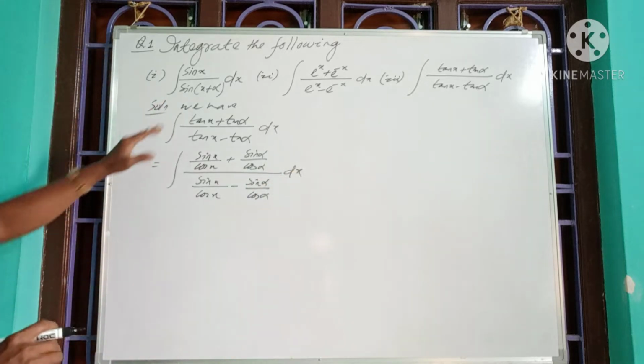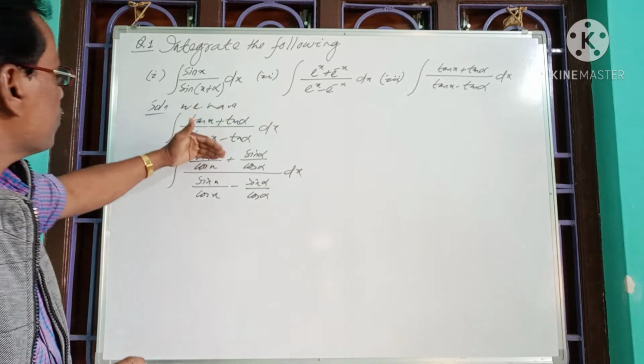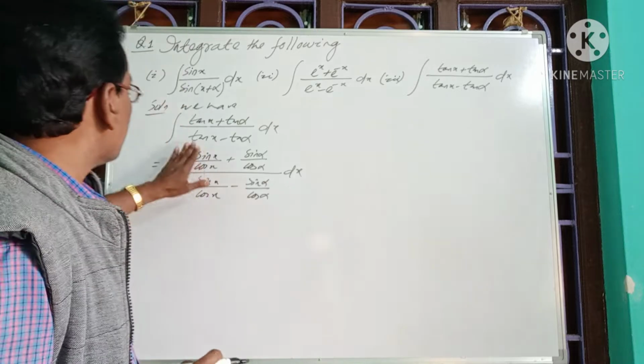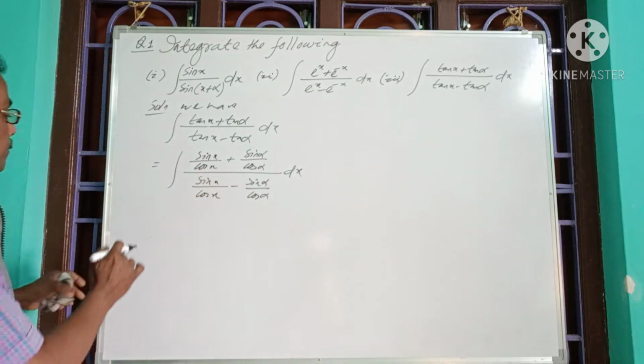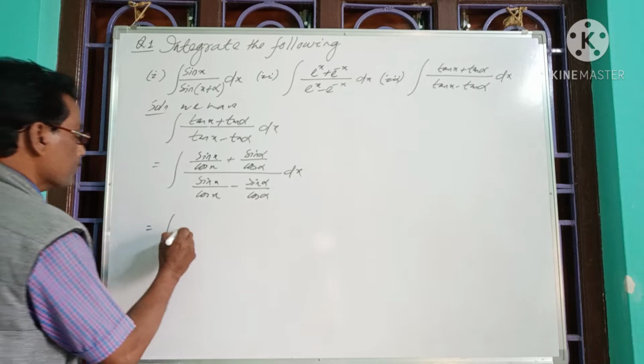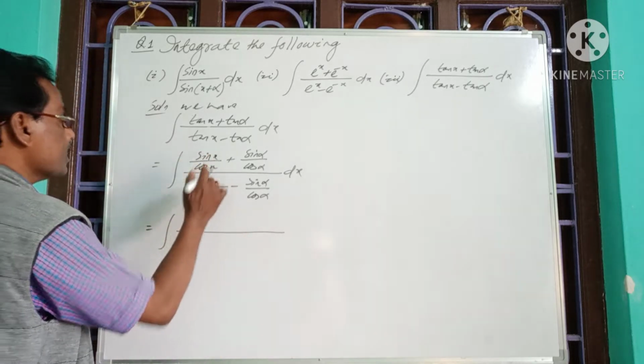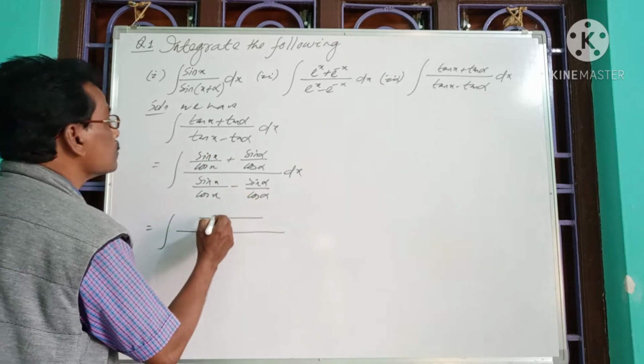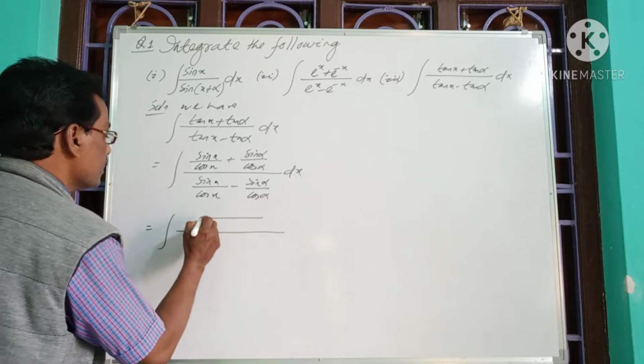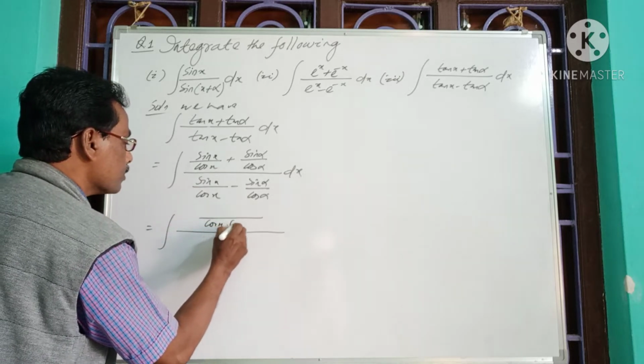So now we transform tan x and tan alpha into the form of sin by cos, so we got it like this. Now simplifying, the LCM is cos x into cos alpha.